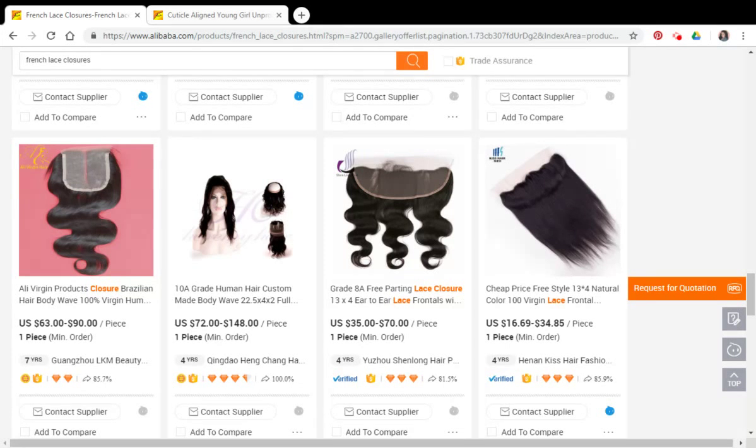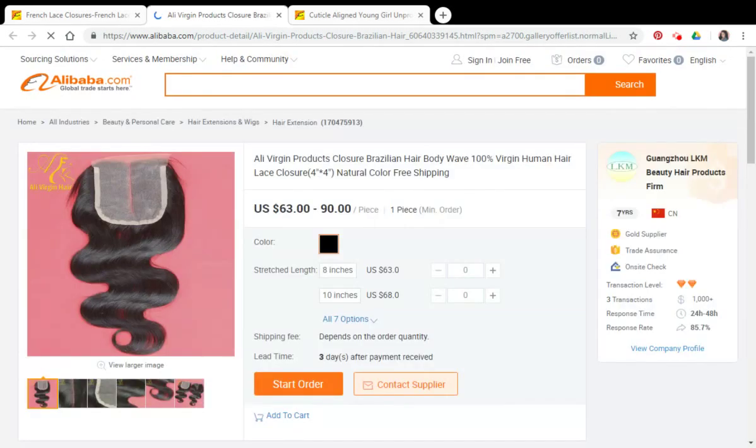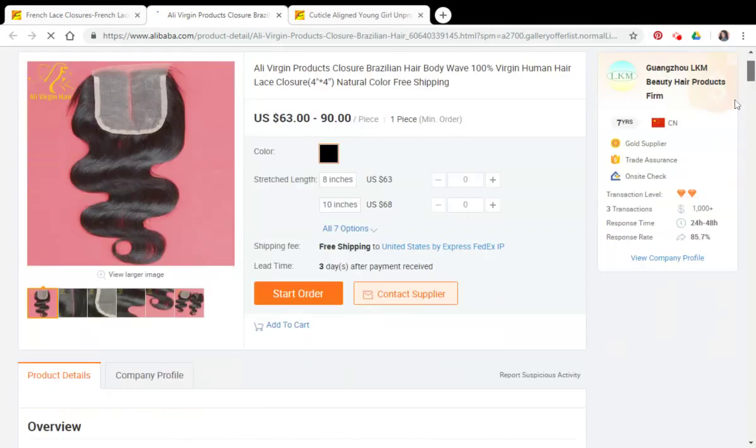Let's see if this particular company is a, this is a trading company. It's been in business for 7 years.